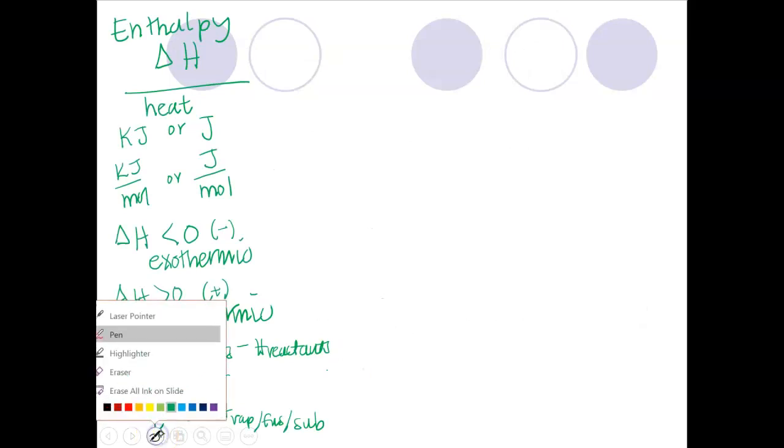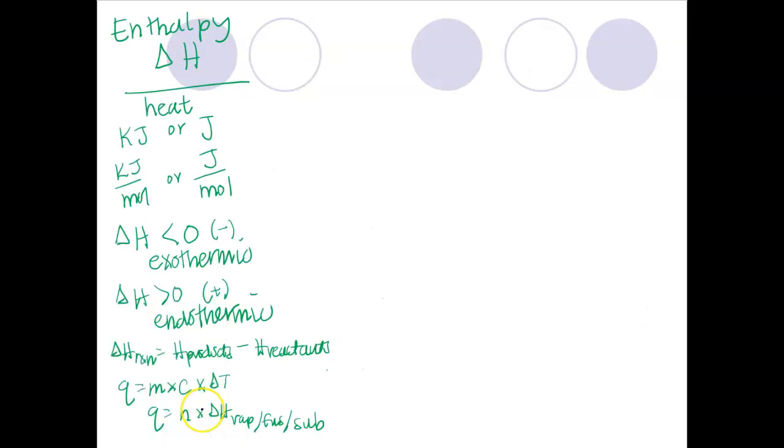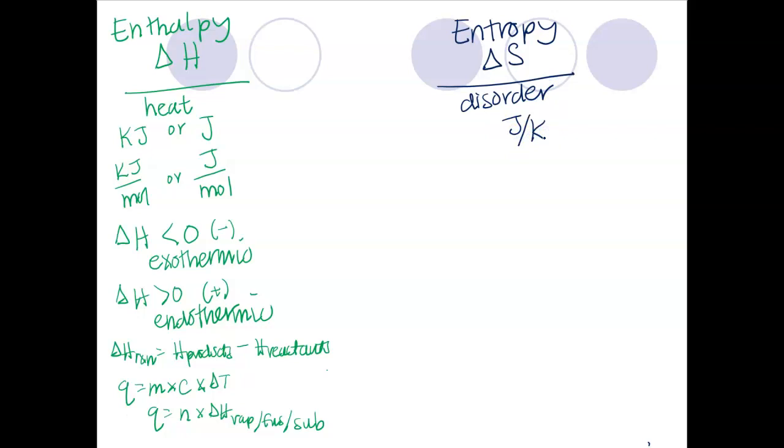So now I want to look at entropy. So entropy is the word, delta S is the symbol, and it measures disorder. And its units are joules per Kelvin. That's it, joules per Kelvin. We have scenarios where delta S can be positive or negative.